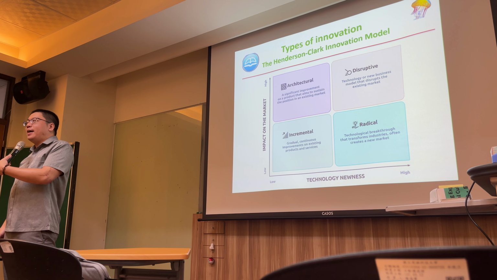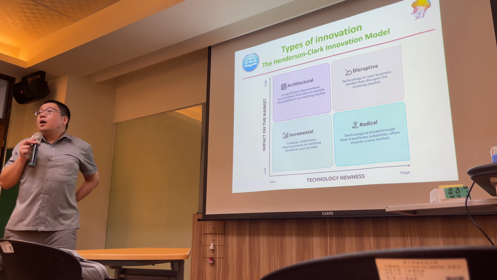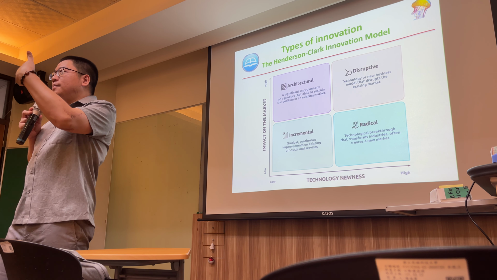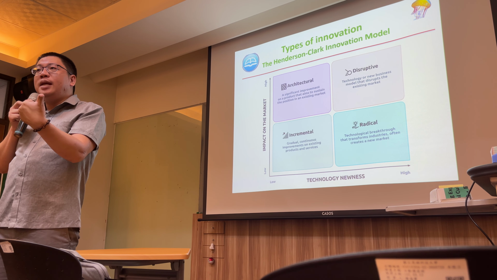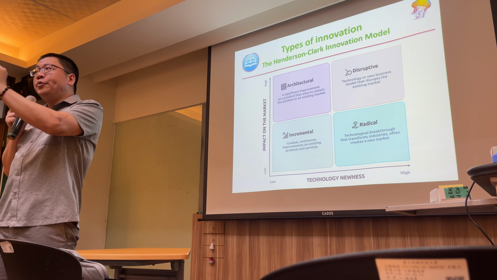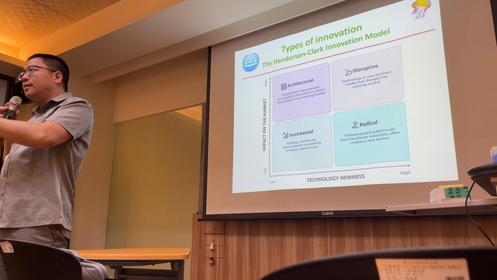Okay, for each type, I will give you an example for you to understand. The lowest level is incremental. Incremental innovation means you just improve the current product or service.